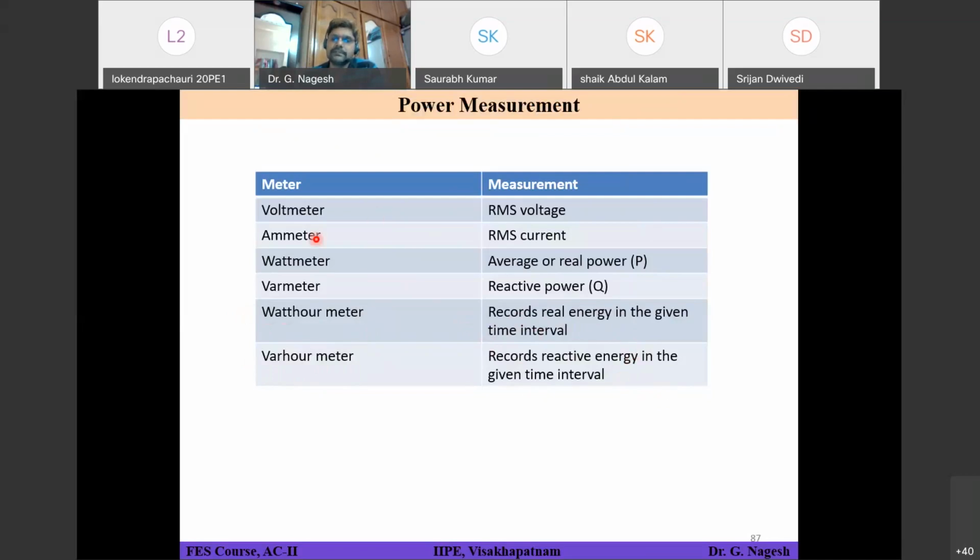You have a voltmeter to measure the RMS voltage, an ammeter to measure the RMS current, a wattmeter to measure average power, a var meter to measure reactive power Q, a watt hour meter to measure real energy in a specific time interval, and a var hour meter which records reactive energy in a given time interval. These are the meters generally used for measurement of different parameters in AC circuits.